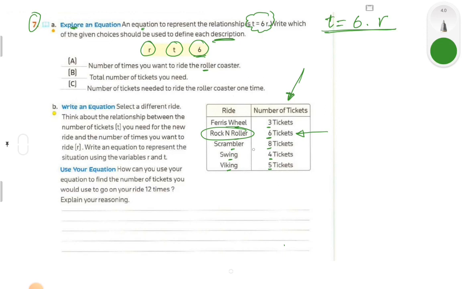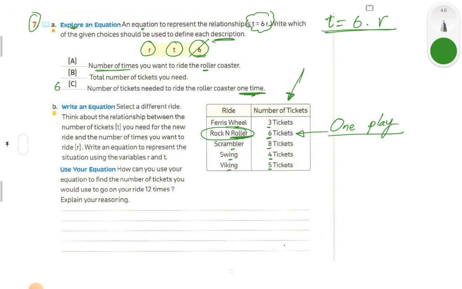So these 6 tickets are for one play, right? But I want to play it many times. So 6 is the number of tickets needed to ride the roller coaster one time.